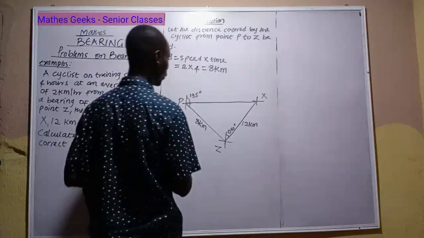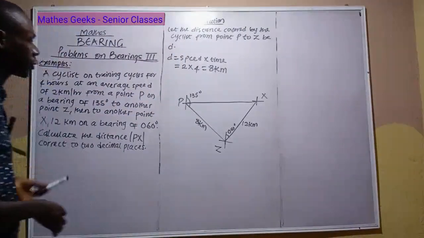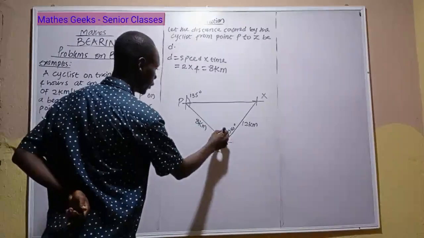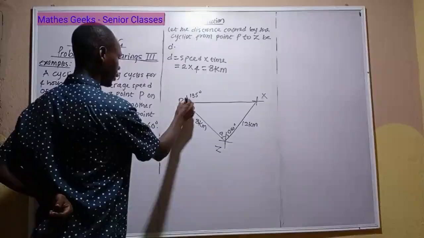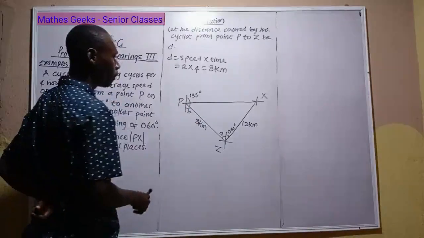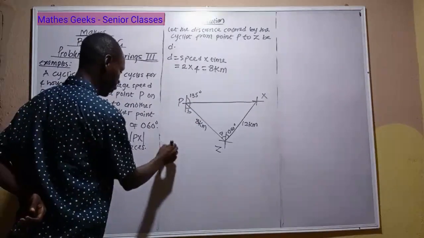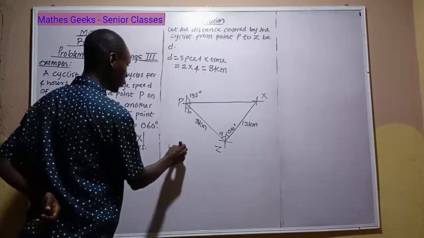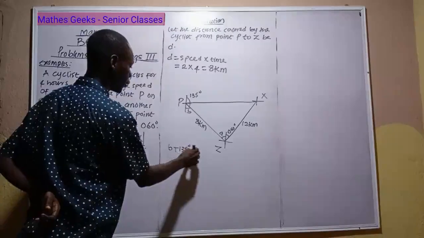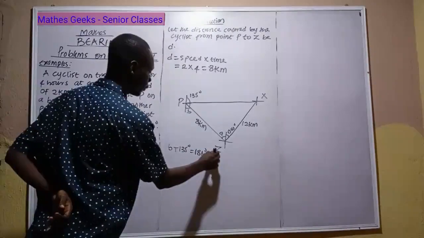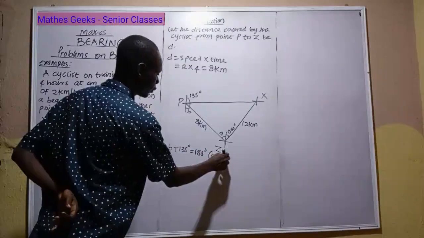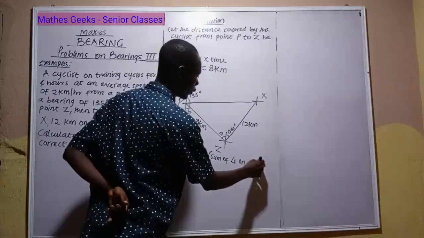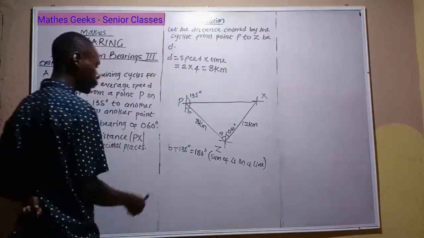Now for us to do that, we need to complete our triangle PXZ. So let's call here E. Let's call here B. Say B plus 135 degrees is equal to 180 degrees, because the sum of angles on a line, supplementary angles.